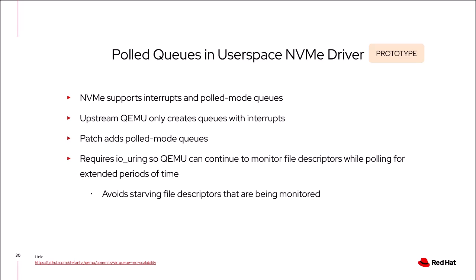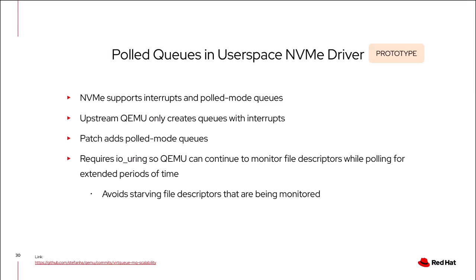And when you have a queue that doesn't have an interrupt, you can just poll for completions. You can just look at the memory and see when those requests become ready. And so doing so is an alternative to interrupts. Effectively, this is kind of like switching from the eventfd style mechanism to a polling mechanism. And so we hope that it will reduce latency.